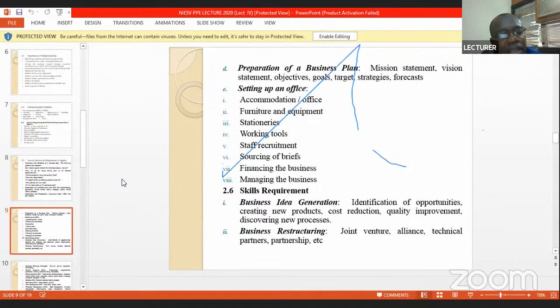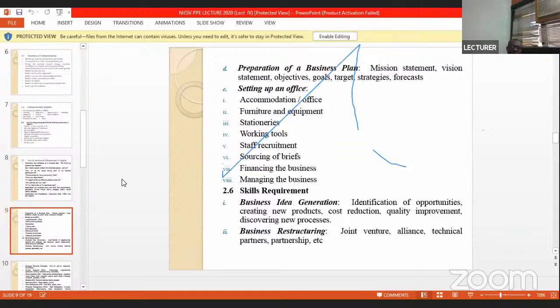And as far as recruitment is concerned, you must put square pegs in square holes. It will be wrong to take a square peg and put in round holes. Very, very unnecessary.